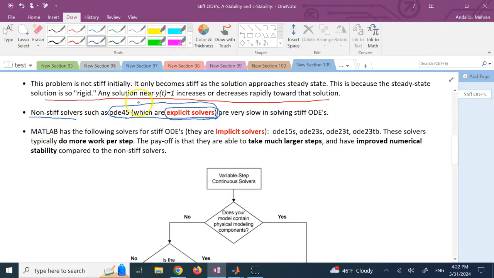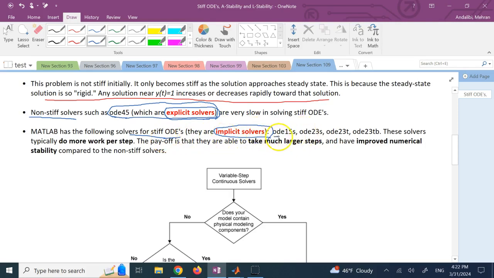The ones that are used in MATLAB for handling stiff ODEs are all implicit solvers, okay? And I just recently published a video on the difference between explicit and implicit. So the stiff solvers are all implicit.